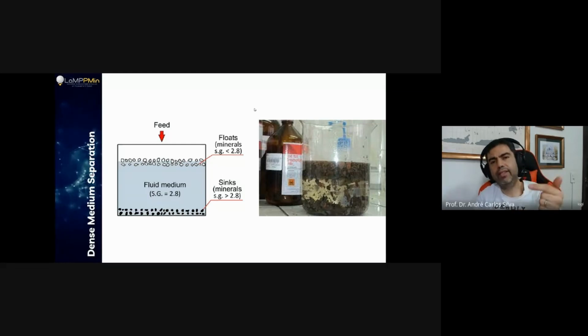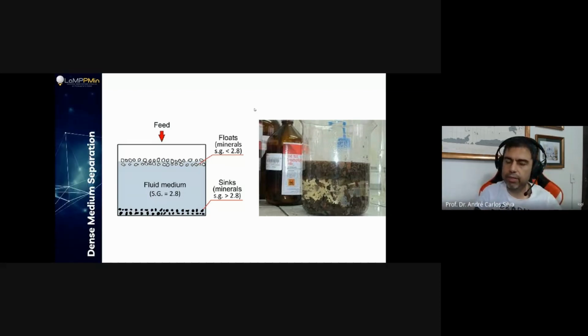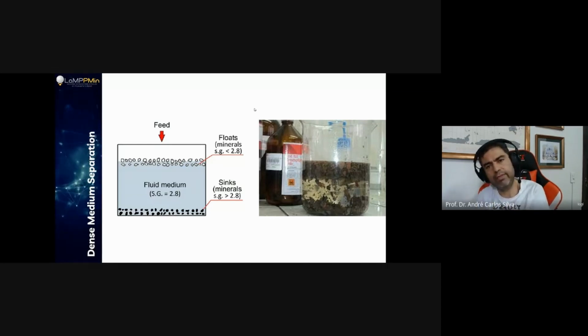And we're going to see that those particles are not sinking anymore, or at least not all of them. And I remove the floated material again, and I'm going to do this until I can concentrate only gold in one fraction and the other minerals in the other, and then I plot the graphs and I can evaluate the specific mass. So before you guys get this doubt, how can I increase the specific mass? It's actually the opposite. I only decrease the specific mass.